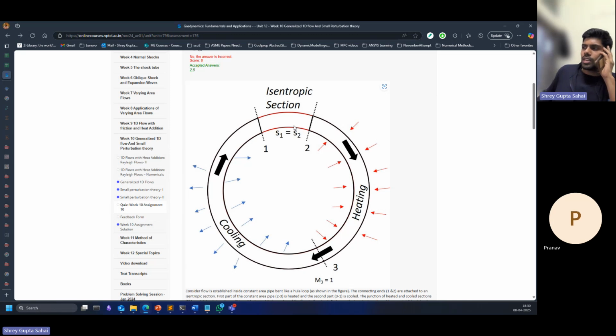If you think about it, they also don't mention the existence of a normal shock there, right? So you're saying the normal shock should exactly appear. Yes.